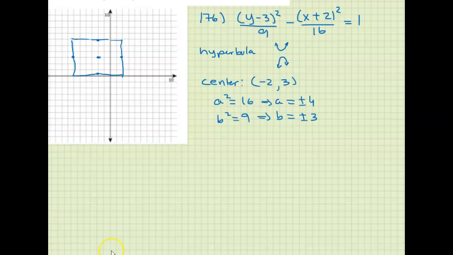Then we draw the diagonals. Then the hyperbola goes up and down. So pick the point in the middle of the box and draw the top half, and then the bottom half. You want the curve to go as close to the diagonals as possible. All right, so that's the graph of that one.